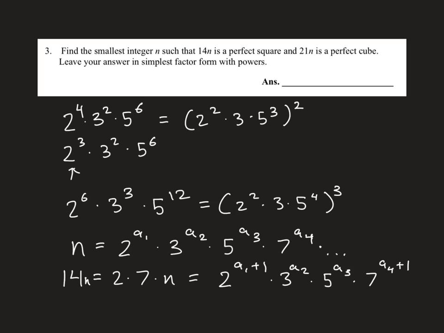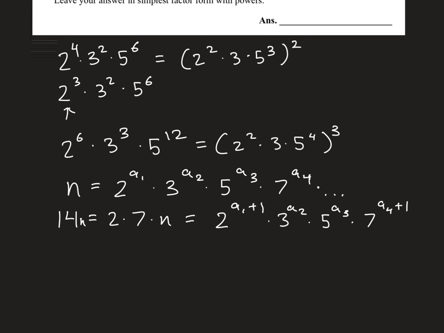And then similarly, we have that 21n is equal to 3 times 7 times n, which equals 2 to the a1 times 3 to the a2 plus 1 times 5 to the a3 times 7 to the a4 plus 1.